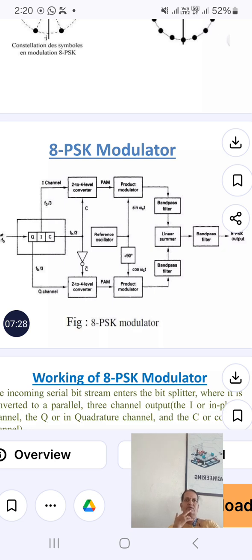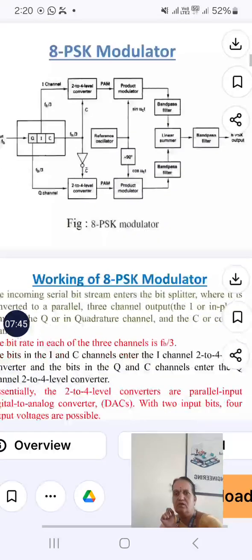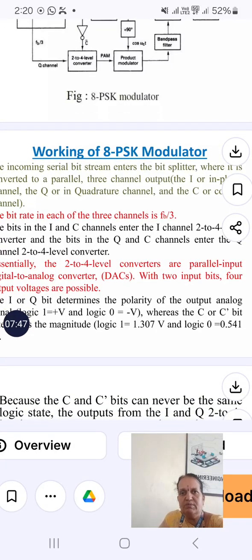And this is again given to the band pass filter circuits, and we have a linear summer circuit to do the consolidated operation of this, and we have the band pass filter to produce the 8 PSK level outputs. So the main concept is the incoming data bits have to be converted into 8 different PSK levels, and that is done by the QIC terminal.